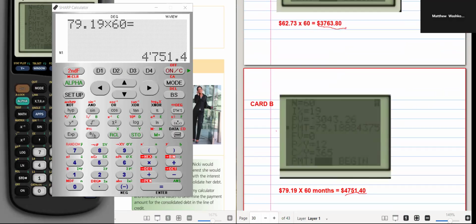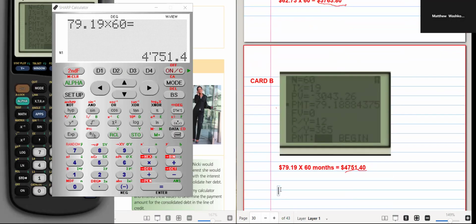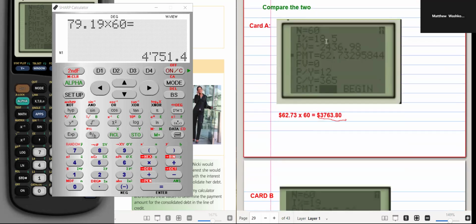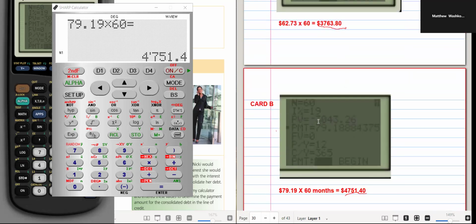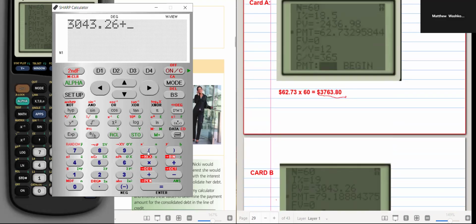So I'm going to combine these two, right? So overall, what's my total present value? My principal? It's this 2436 plus this 3000, right? It's adding up that debt. So let's do that. It's 3043.26 plus 3763.80.